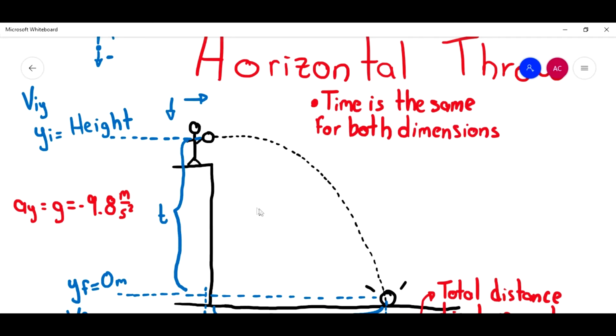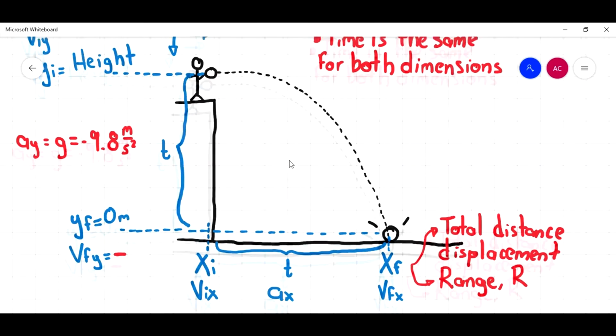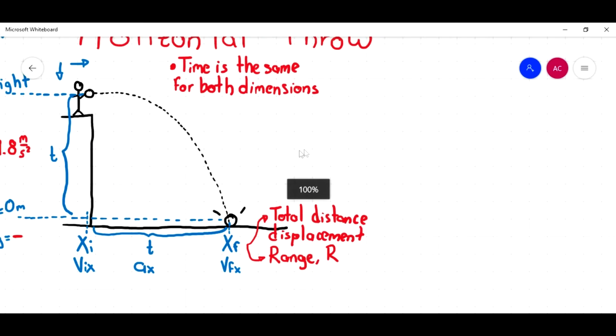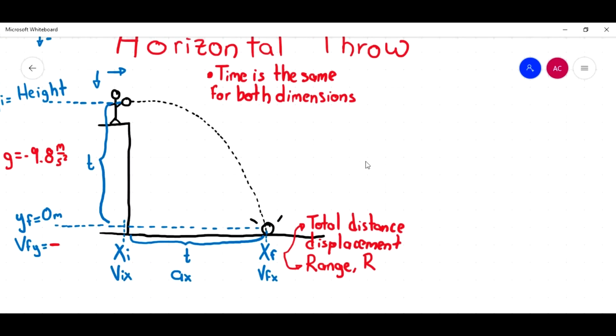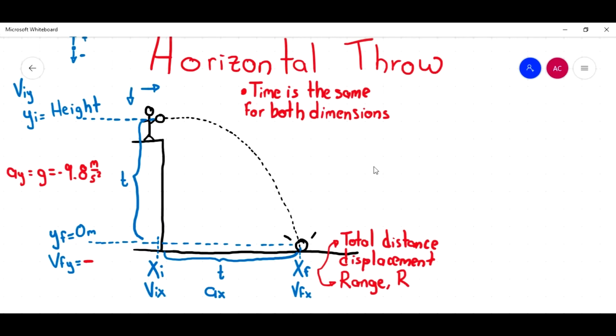Yes, because it's not possible that the object is going to reach the maximum or the total distance at one time, and hit the ground at a different time. If that happens, that will look strange and weird, and that is not physically possible. It doesn't respect the laws of mechanics.